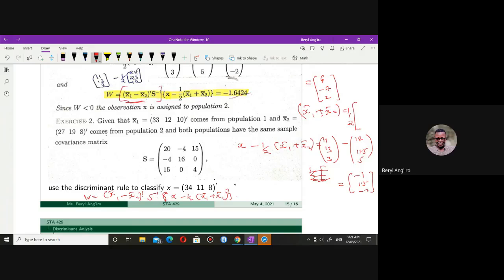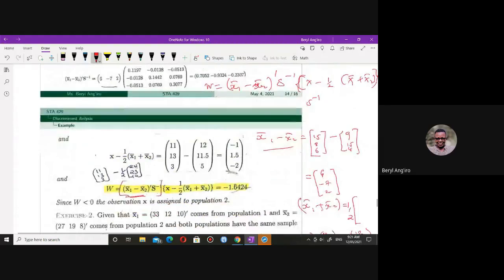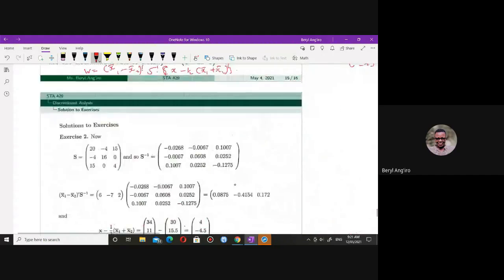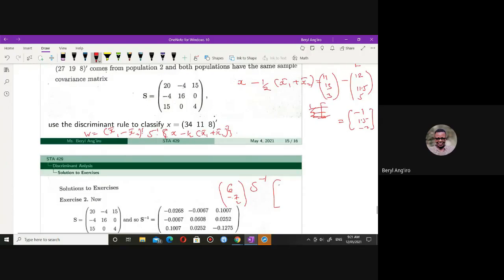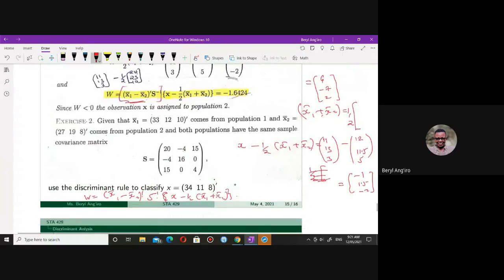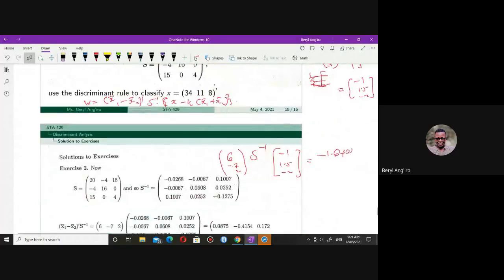So the first term, we have 6, negative 7, and 2, multiplied by the value of S inverse, which is a big number. You can try that one. Times minus 1, 1.5, and minus 2. If you do this, this will give negative 1.6424. So this is the value of W.